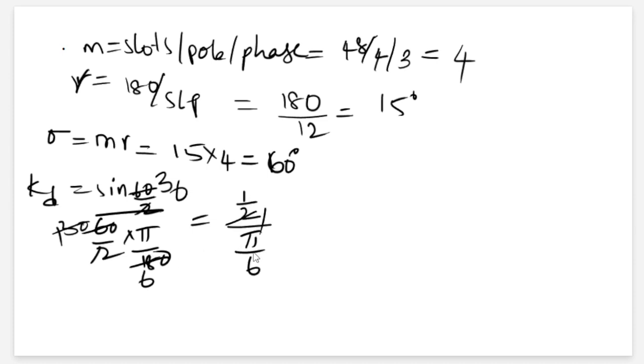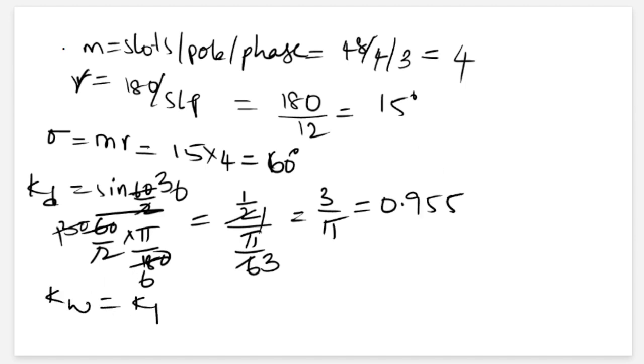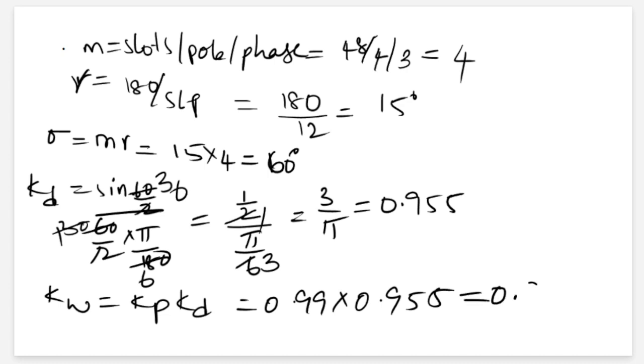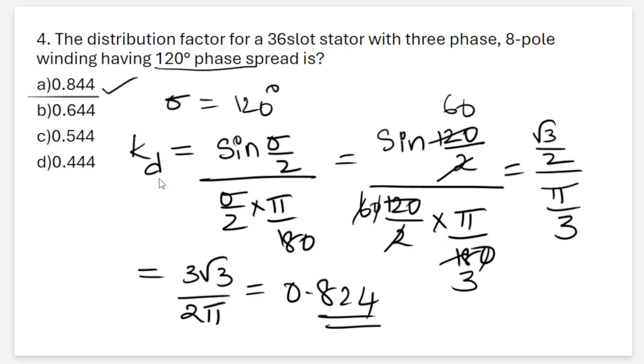That is 3 by pi, which is equal to 0.955. Winding factor Kw is equal to Kp into Kd. The Kp value we got is 0.99, and the Kd value we got is 0.955. Multiplying both values we get 0.9494. So here option C is the correct one.